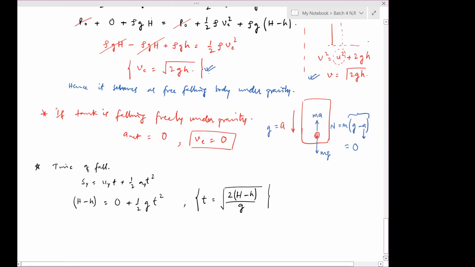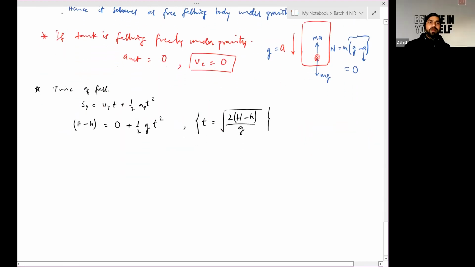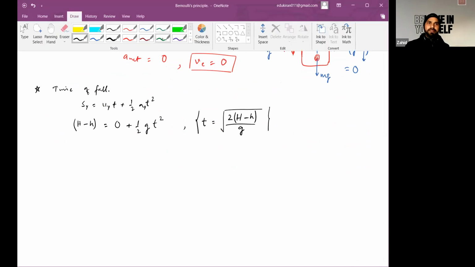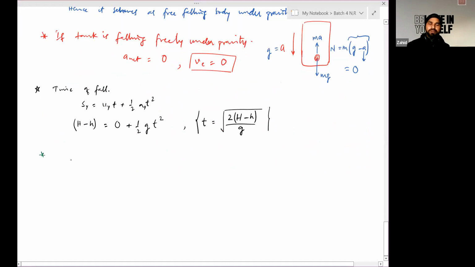Yes. Next is the horizontal distance covered by this liquid to hit the ground, which is also called the range. According to the second equation along the x-axis, S equals ut plus half times a t squared. The horizontal distance is the range. The initial velocity along the horizontal direction is v of efflux. The time taken is t, and there is no acceleration along the horizontal direction, so it will be 0.